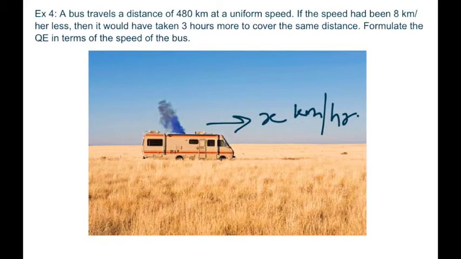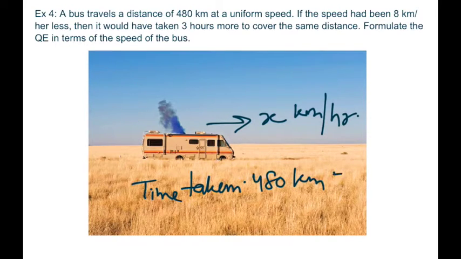Right, now use all the conditions. So time taken for a distance of 480 kilometers equals 480 by x hours, right? Let's use other conditions.